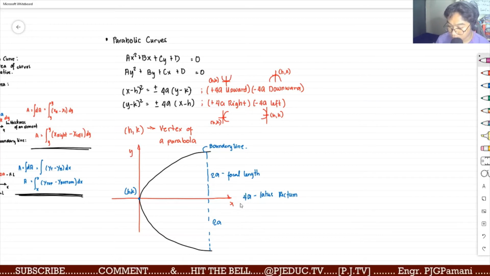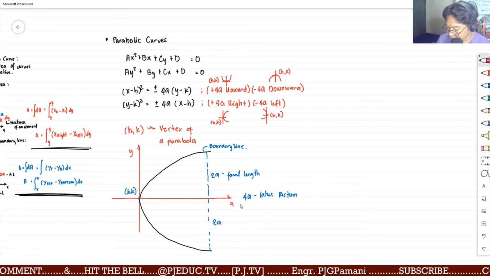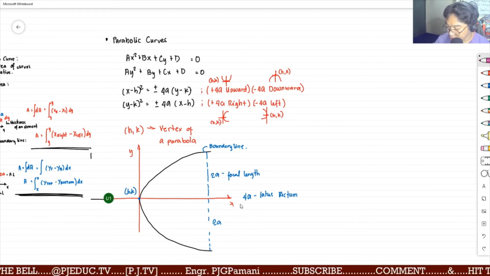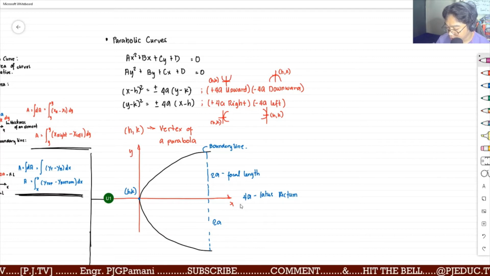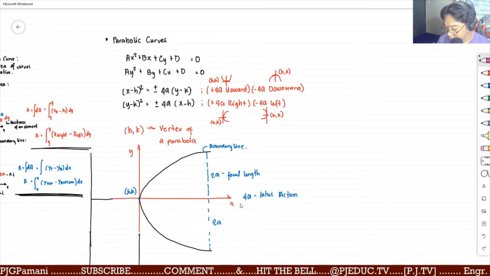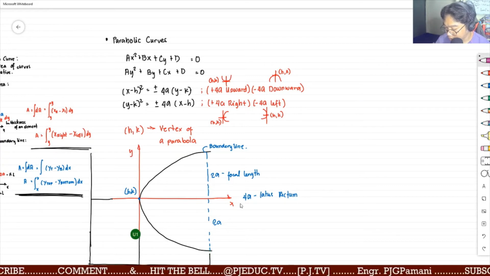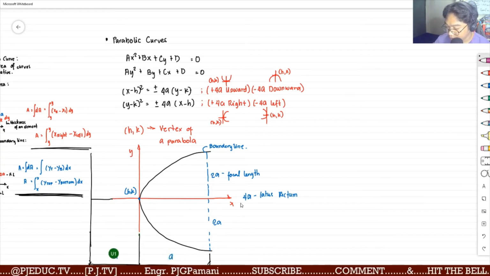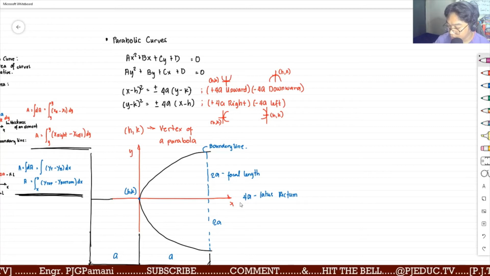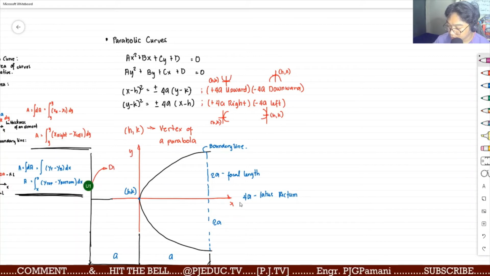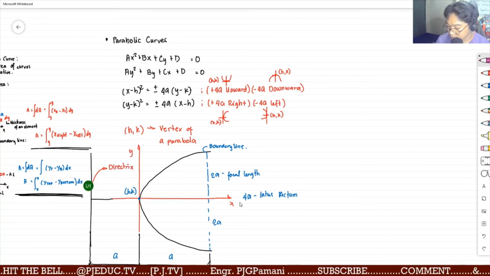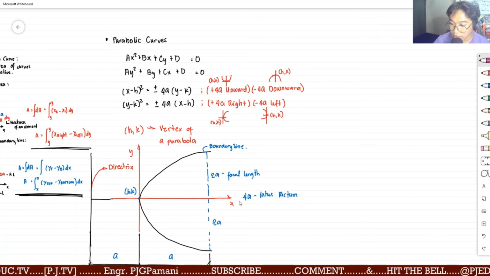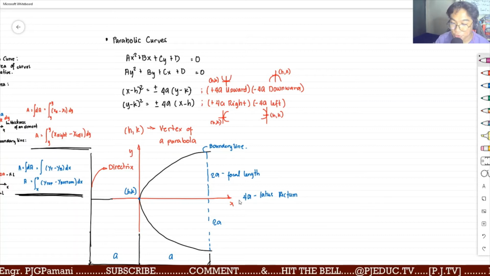Then, the distance from your directrix and the distance from your vertex towards your boundary line should all be equal to A. This is now your directrix, and your A is your distance from the center of the directrix or from the center of a focus.